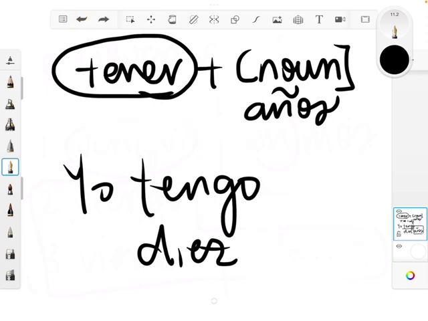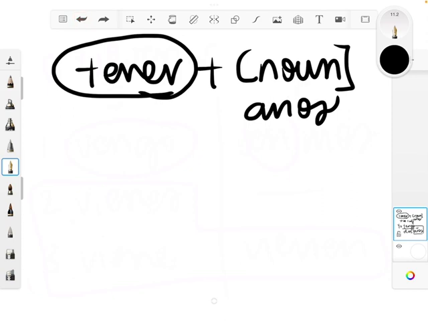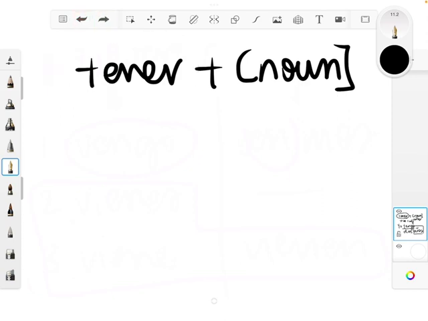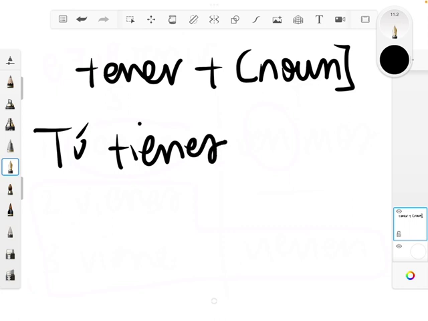Okay, so that's how you would use that one. And for most of the rest of them, it's just going to be a noun plus the verb, and then you can have a modifier, just like diez was a modifier for that noun. So for example, tú tienes calor.